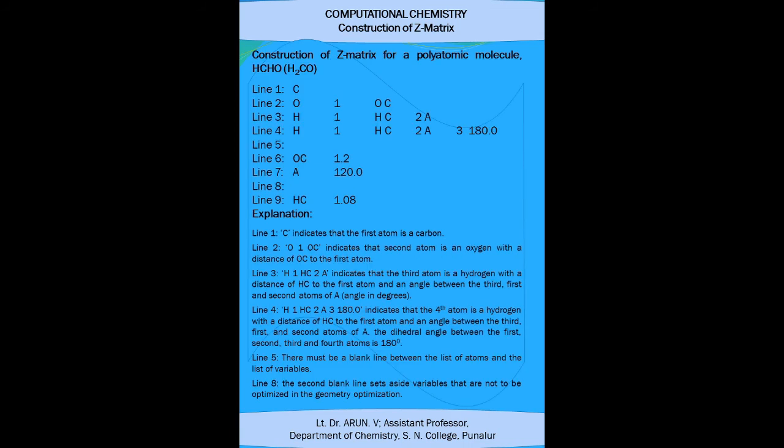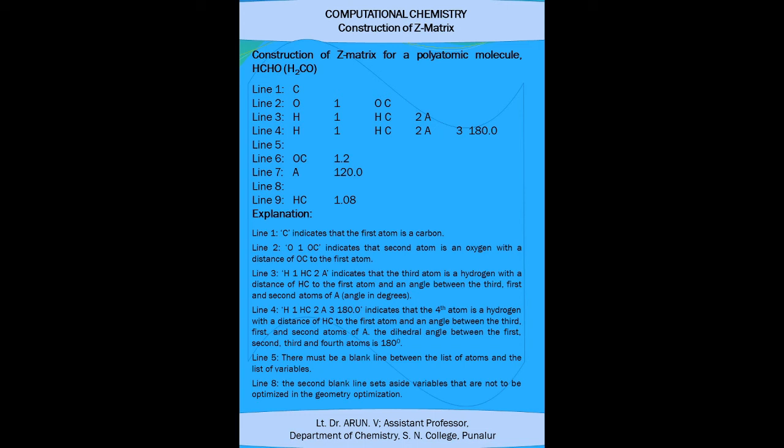Another example is formaldehyde. Here we can see 7 lines and 2 blanks. The first line, carbon, indicates that the first atom is carbon. The second line, O 1 OC, indicates that the second atom is an oxygen atom with a distance of OC from the first atom.